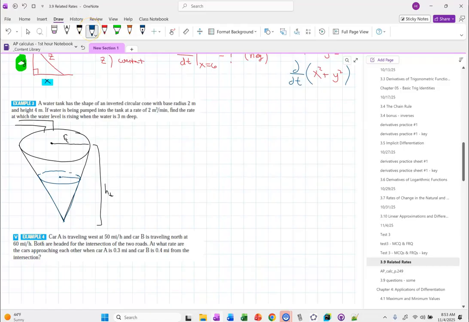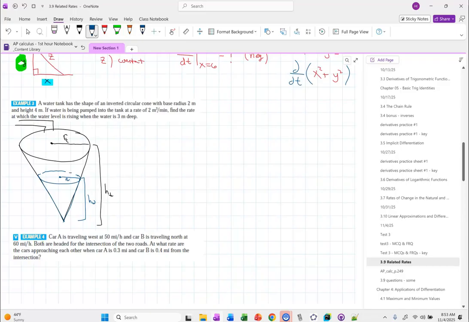And then I'm going to need a radius for the water and a height for the water. Does everybody feel okay with what I've drawn and labeled so far?